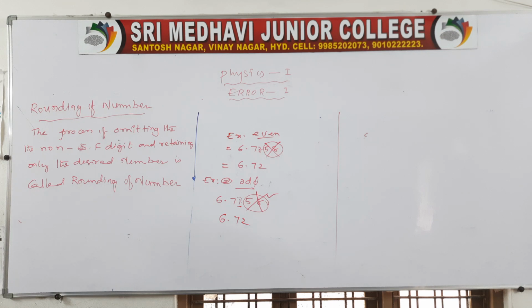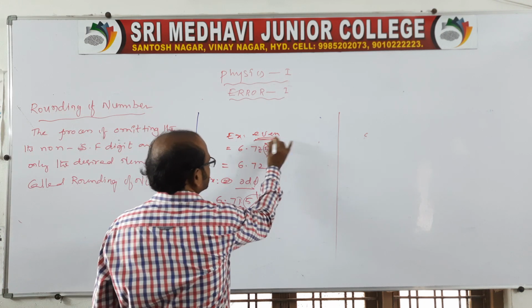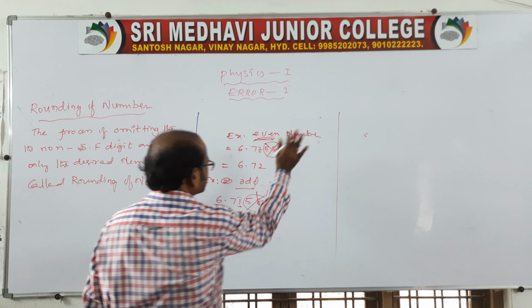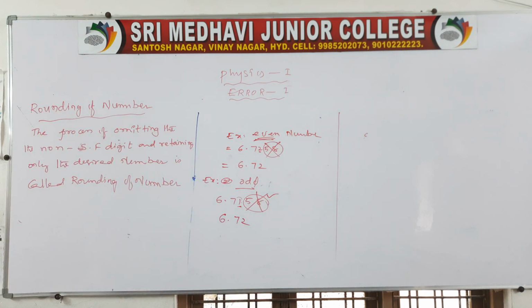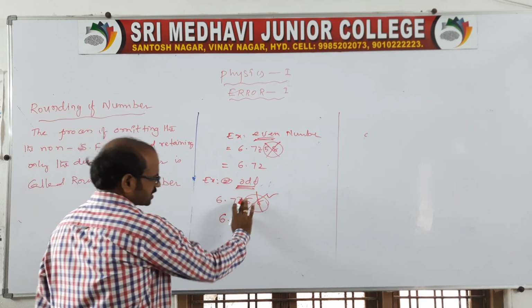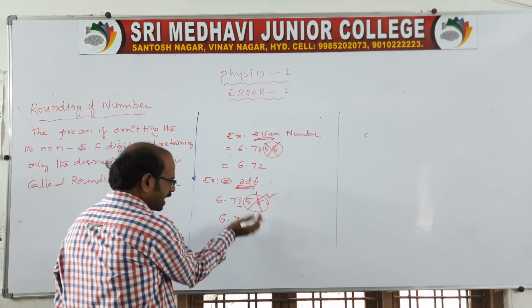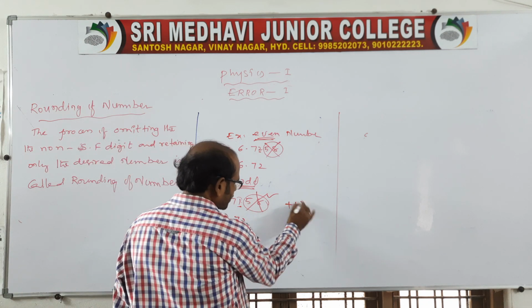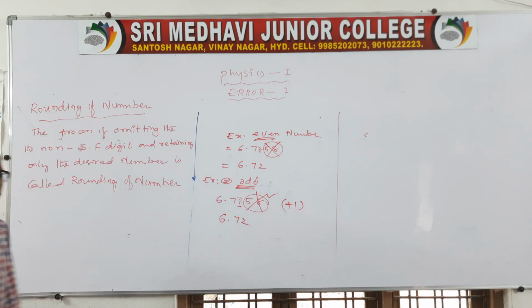If the preceding number is odd, we take it like this. If the preceding number is even, after the even number you remove the rest and write the remainder. If the preceding number is odd, you drop the remaining digits and add 1 to the preceding digit. In the even case, this is not required.